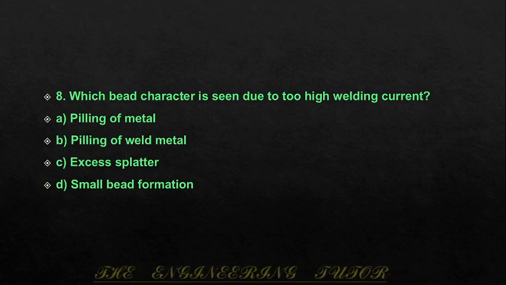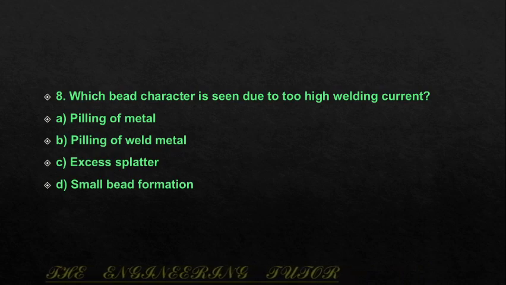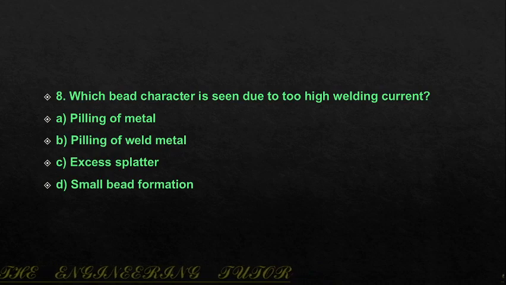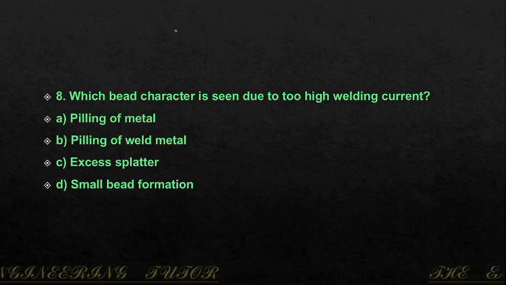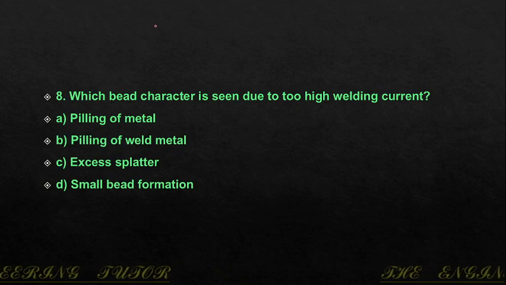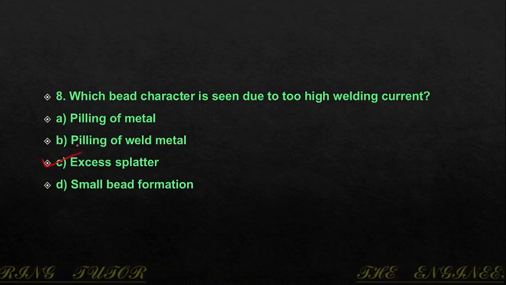When the voltage is very high, beads formed are too high. When the speed of the weld is less, filling of the metal takes place. When welding currents are too high, excessive splatter formation occurs. So our correct answer is option C, excess splatter.